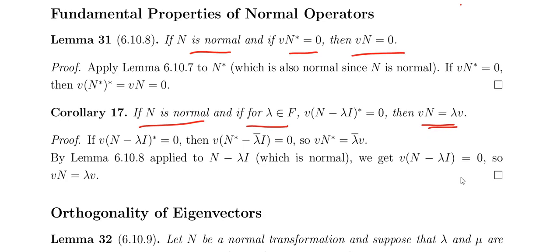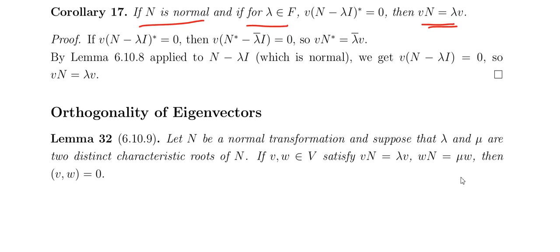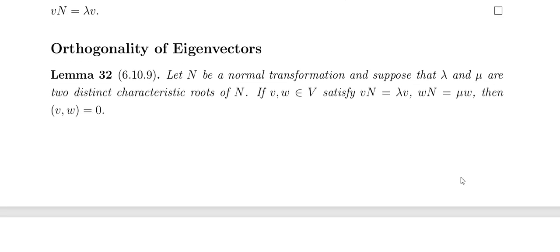The next is orthogonality of the eigenvectors. Let N be a normal transformation. Suppose that lambda and mu are two distinct characteristic roots of N, and V, W belong to the vector space and satisfy Vn equal to lambda V, Wn equal to mu W. Then the inner product of V comma W equal to 0.